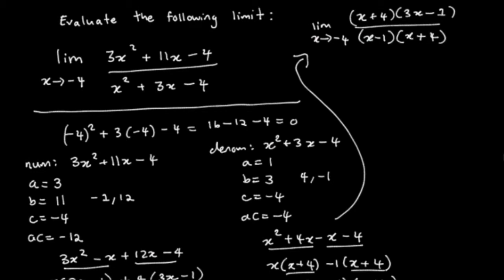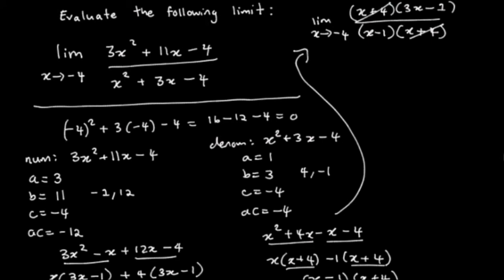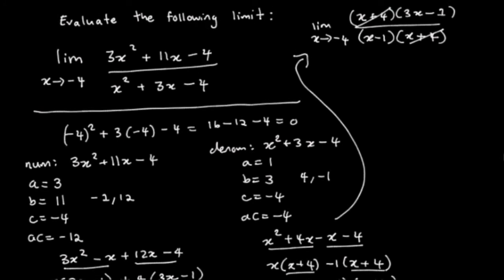And now you can notice here that this x plus 4 on the denominator was problematic, because when you let x approach negative 4, we had a restriction on the denominator. But there is a common factor on the numerator and denominator, so we can cancel those out. And now, our issue is solved, and now we can just substitute.